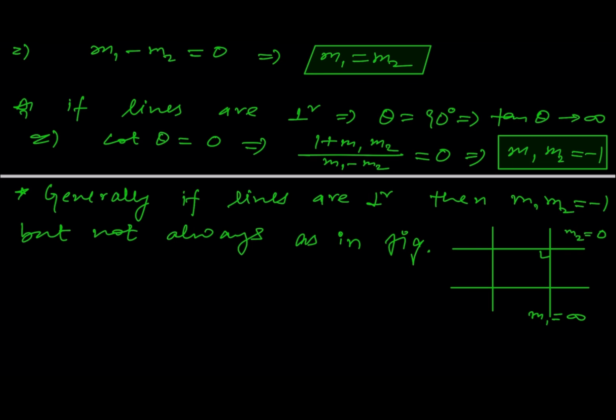So here m1 m2 is not equal to minus 1. Right? But this is the only case. Okay, this is the only case. But in general, if m1 m2 is equal to minus 1, then lines are perpendicular.